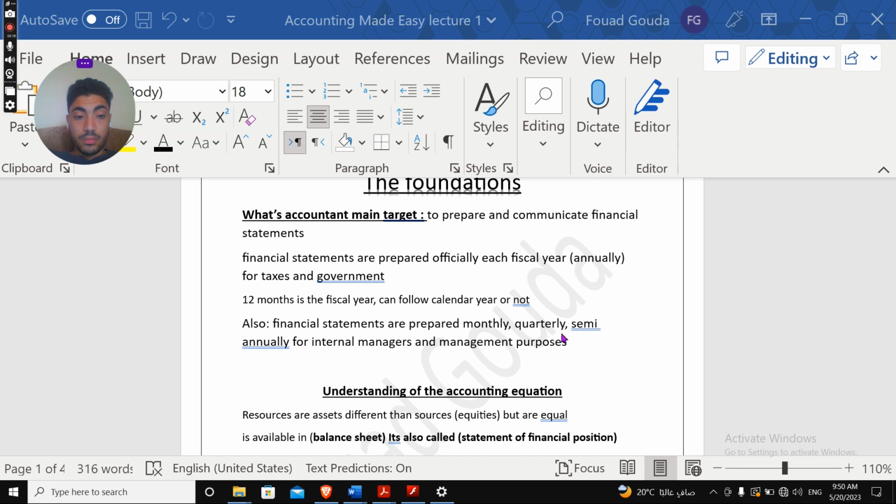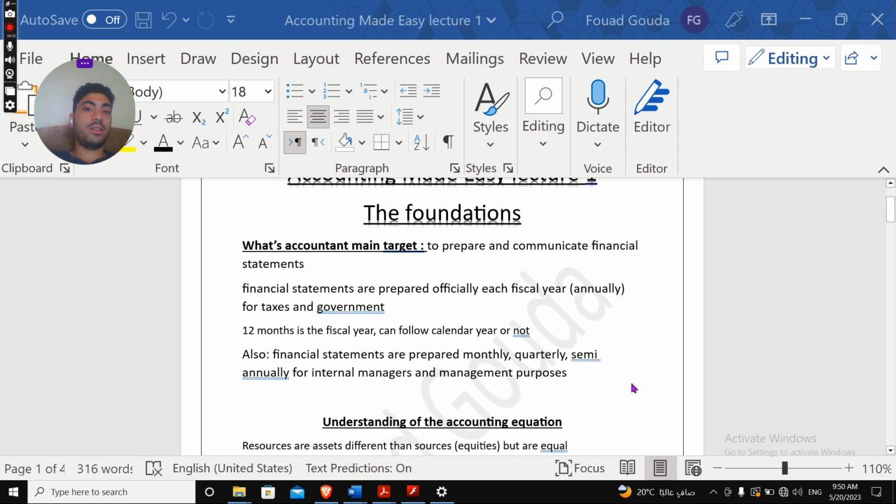Okay, let's move. Financial statements are prepared monthly, quarterly, or semi-annually, which means every 6 months, for internal managers and management purposes. So here is the key. If you are a manager in accounting or in a business sector, how would you know if your company is making money or not?